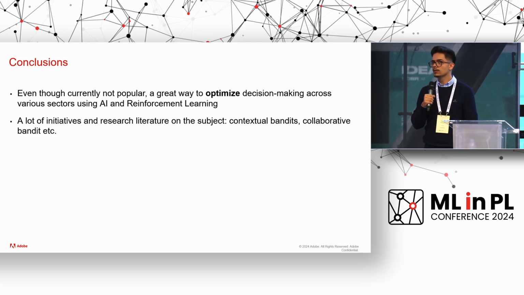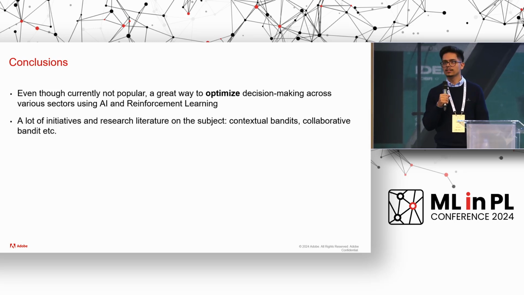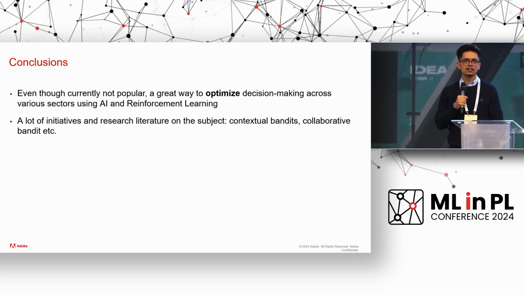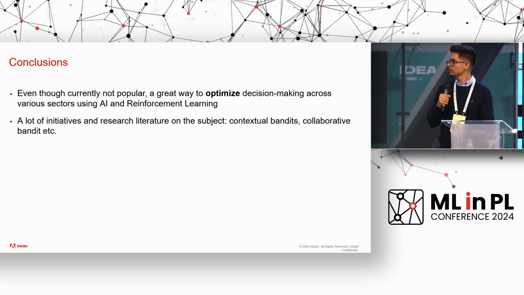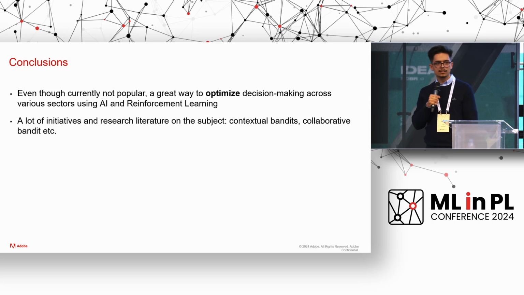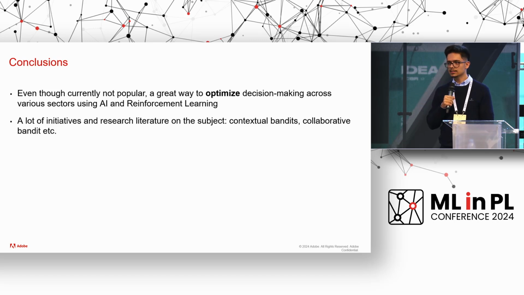You can read more about advanced versions such as contextual bandits or collaborative bandits. However, from the research that I did, they're not very popular in production, or there are no resources for products that use this. But after chatting with some people from different companies on this topic, I found out that they use them, but nobody talks about them.